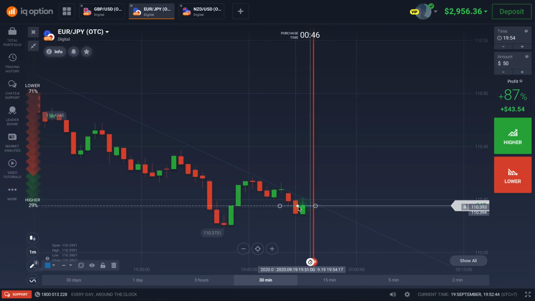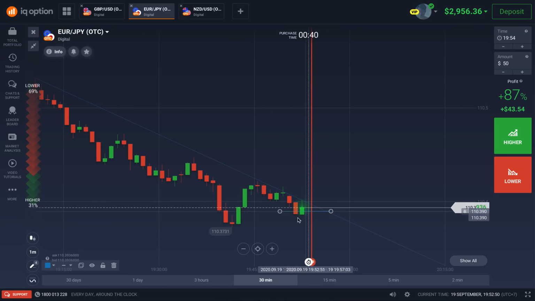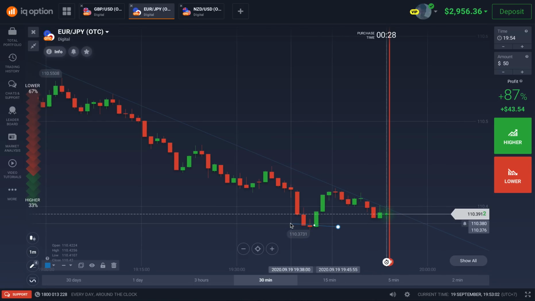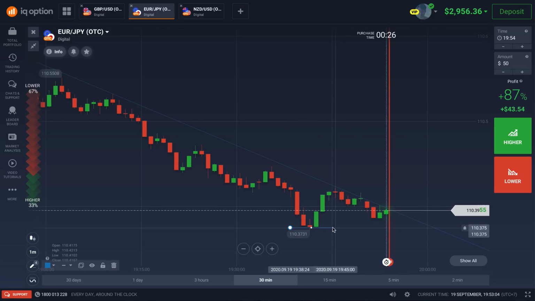aggressively on this one, because it needs a confirmation of the bearish on the next one, and we are afraid that this is where buying is taking place. And when a lot of buying is taking place around this area, it is possible that people will start to buy around this area.